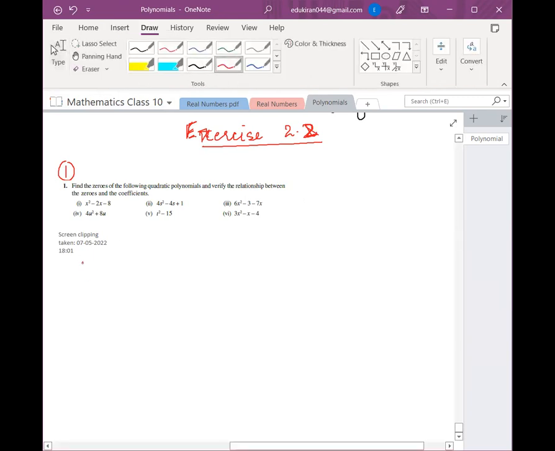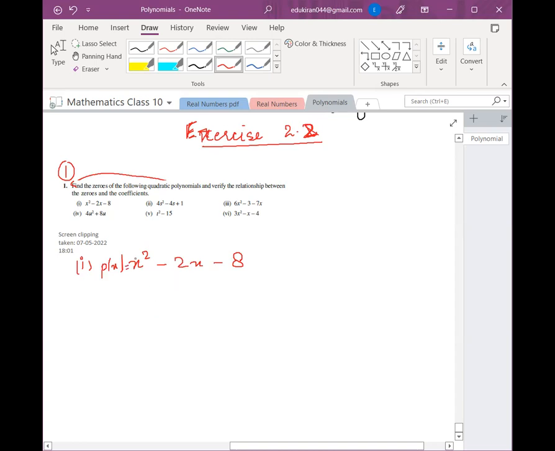Right. So the first thing in the question is find the zeros, right? So first we will find the zero, and the next step later on we will see. Now first is x square minus 2x minus 8. So this is p(x) which is given to you. So this is the given polynomial. p(x) is equal to x square minus 2x minus 8.